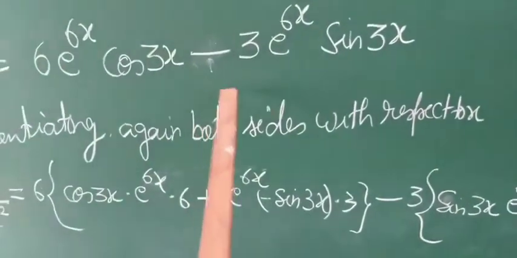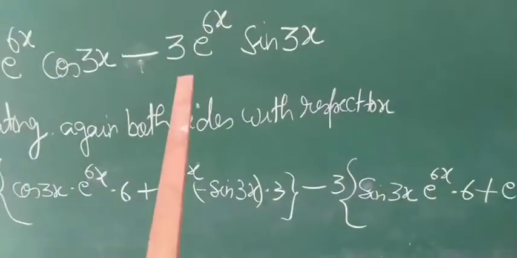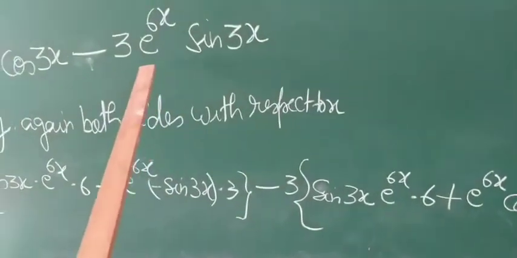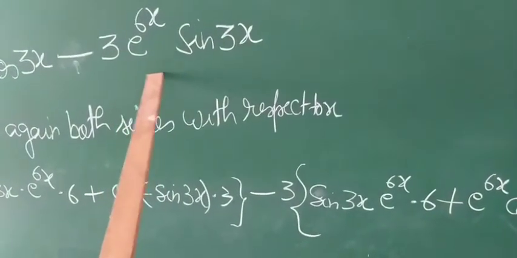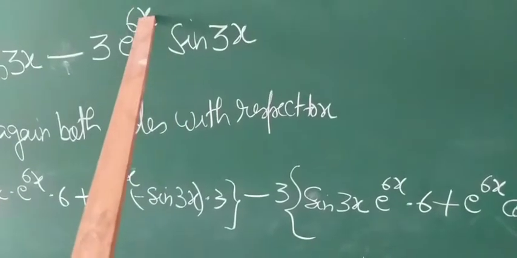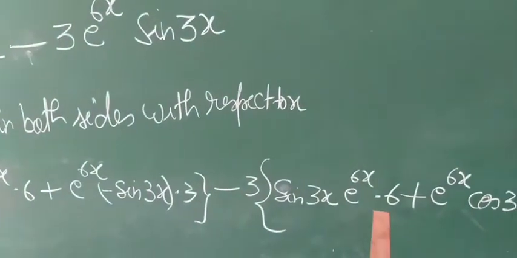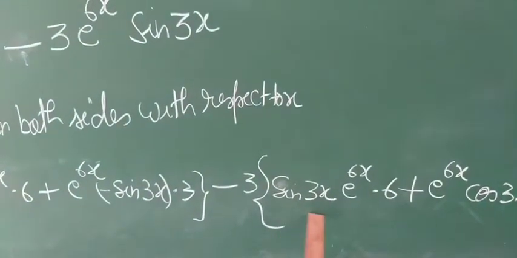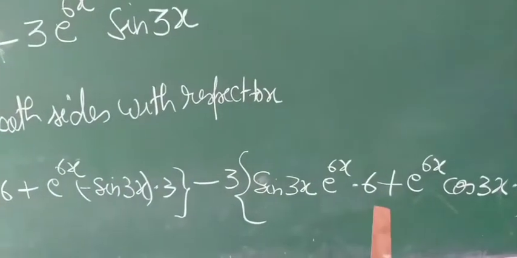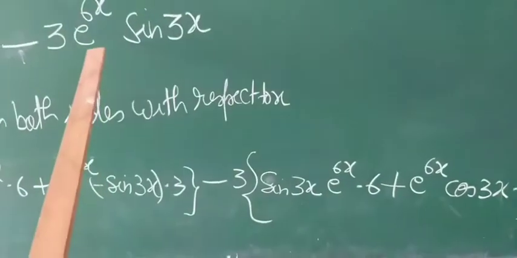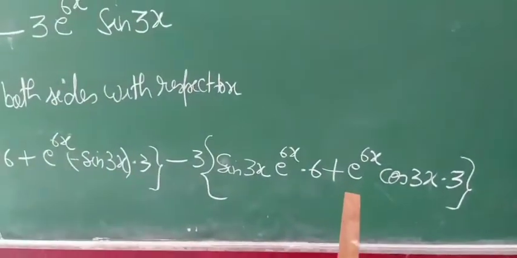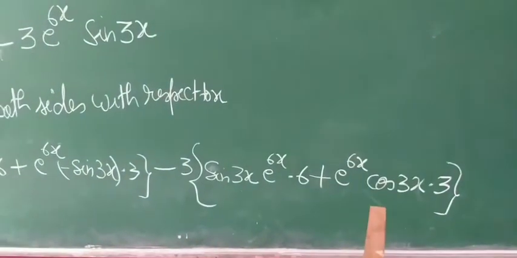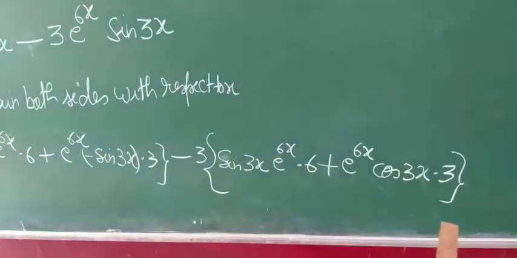Now students, this minus sign as it is, 3. Now the derivative of e to the power 6x, e to the power 6x into 6 sin 3x will remain as it is, plus e to the power 6x as it is, the derivative of sin 3x is cos 3x into 3.